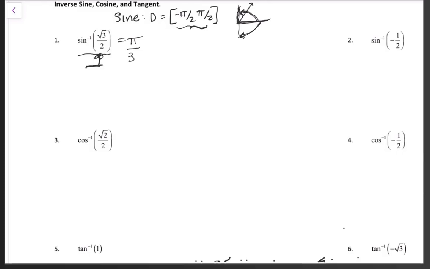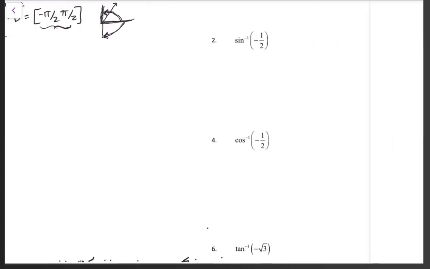If we move over to example number 2, we're being asked here to find the inverse sine of negative 1/2. Again, I'm looking for the angle that appears in either the first or the fourth quadrant. Since my real number here is negative, I know that I'm looking for an angle in that fourth quadrant below the x-axis.